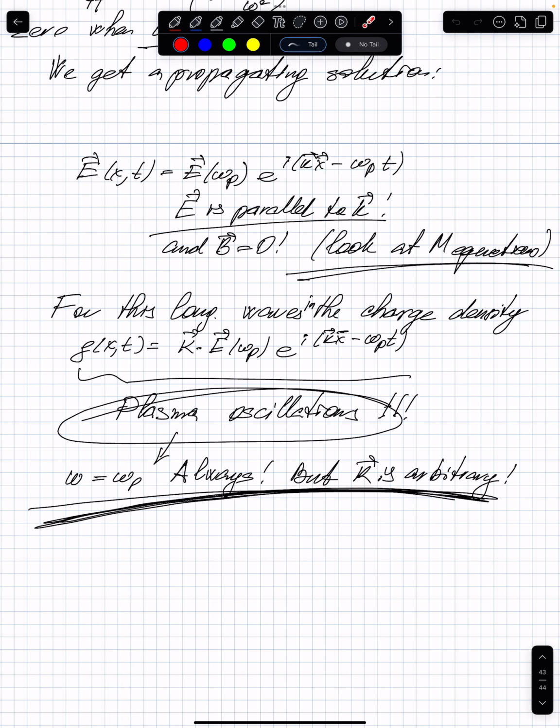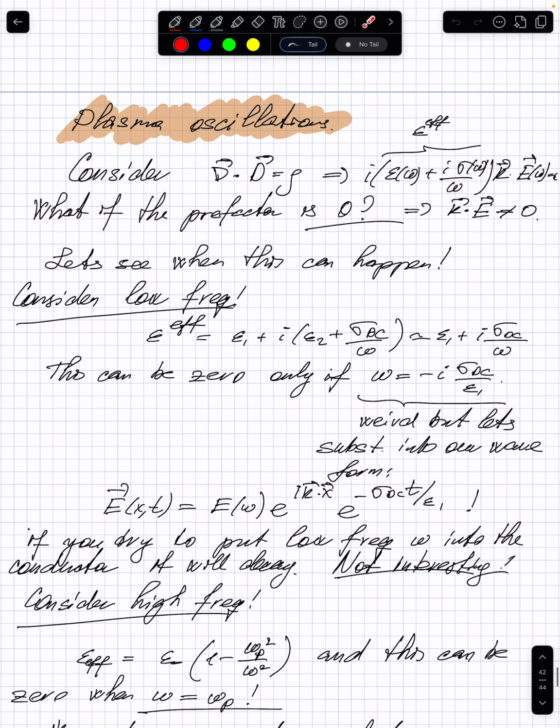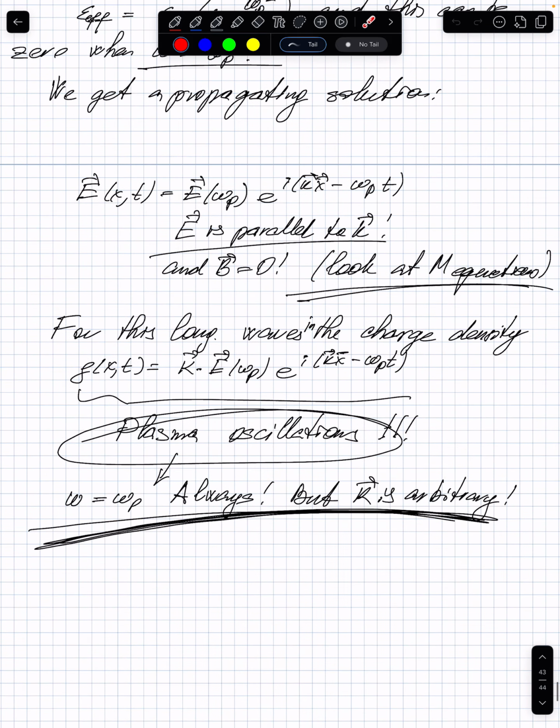So rho is given by k dotted with E times this exponential. Just substitute E into there. Normally this factor is zero, and so rho is zero too.